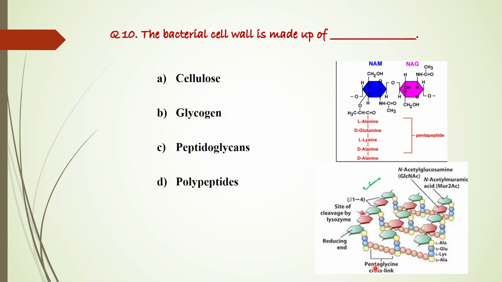Here you can see many names written. These are peptide cross-linking that you can see, and that gives the bacterial cell wall its strength. So again, in case of structural matters, we said previously as well, whenever carbohydrates have a structural role, they do not go for branching.